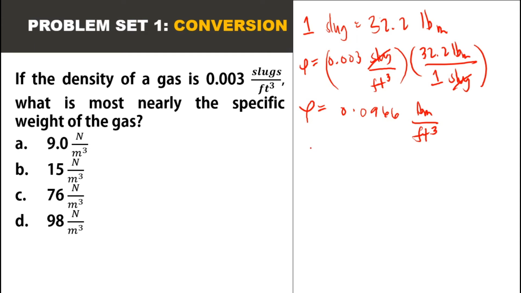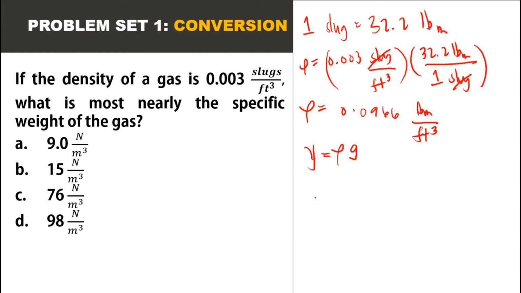So we have the specific weight, that is density times the acceleration due to gravity. We have there the density. First we convert this to kilogram mass per cubic meter.